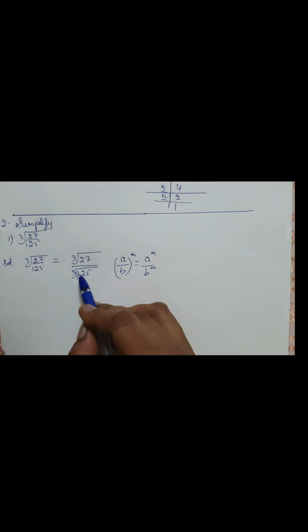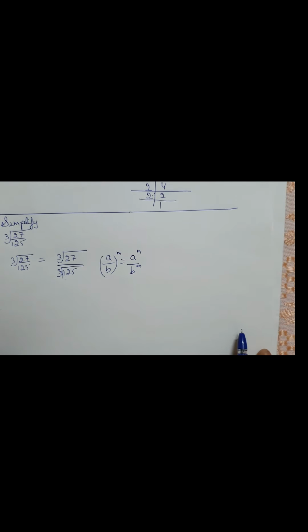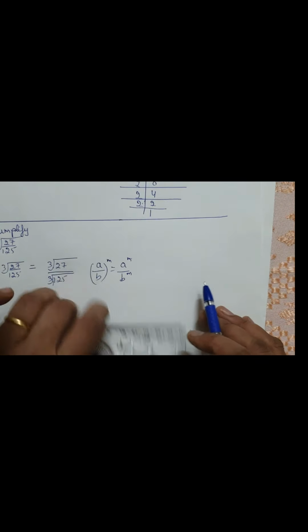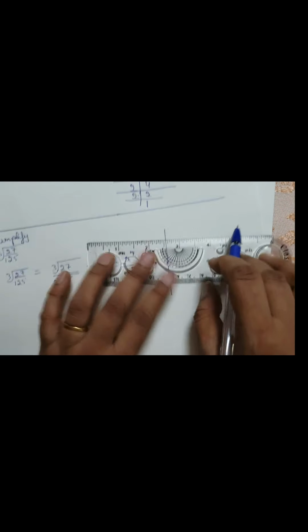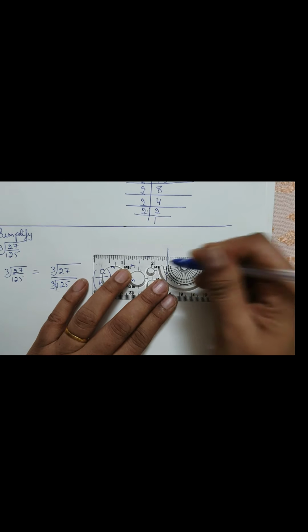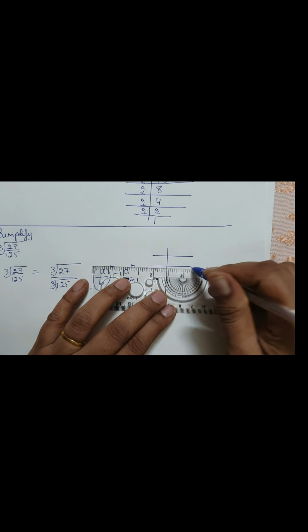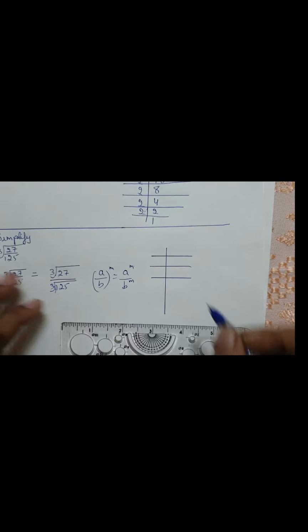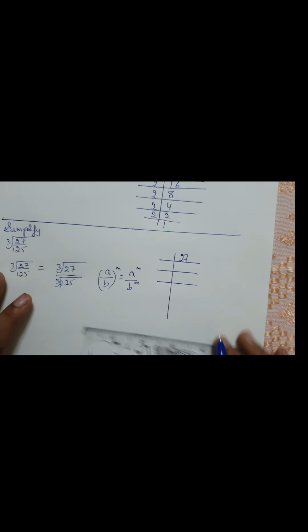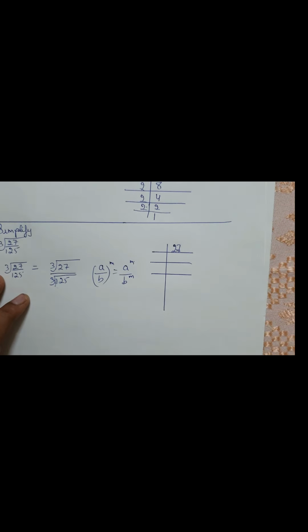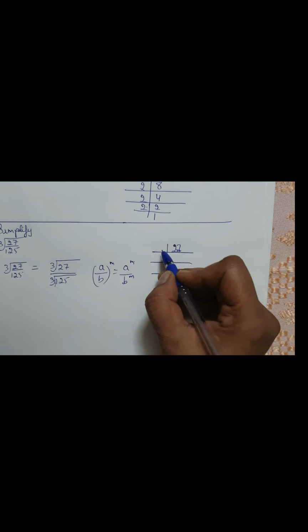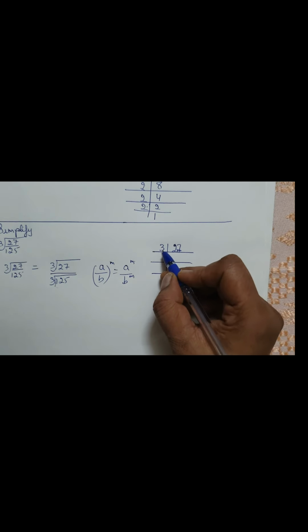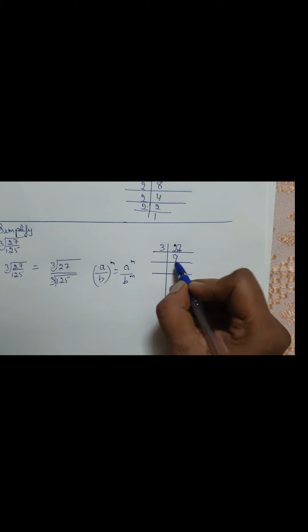Now we have to find the factors of these numbers. So what we will do? We will draw one line here. Write 27 over here. Now 7 is an odd number, and the first odd number is 3. So we will take 3. 3 9s are 27.